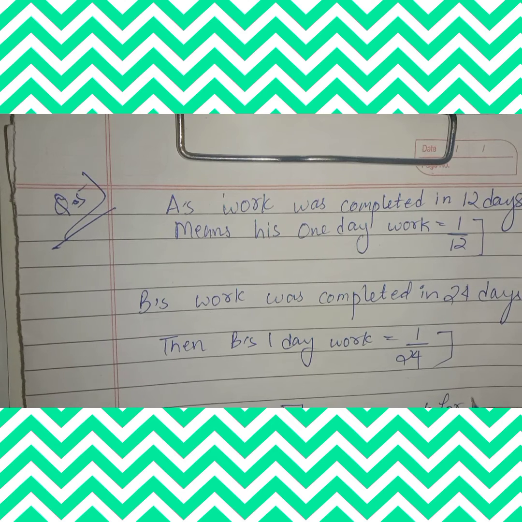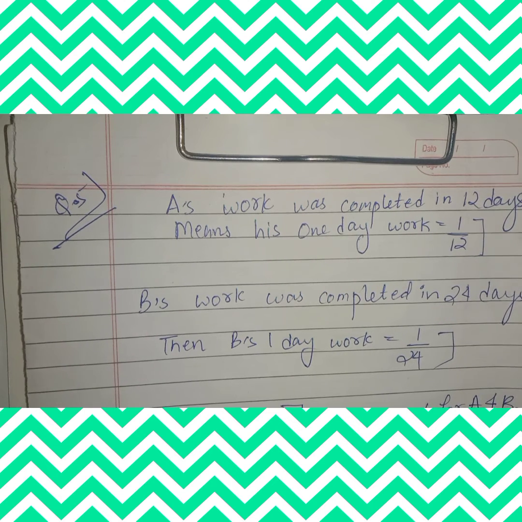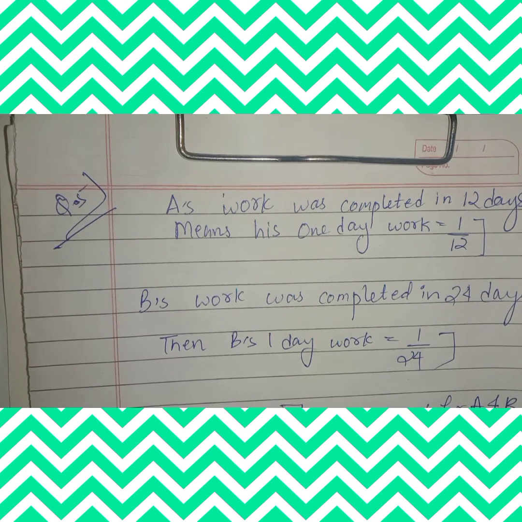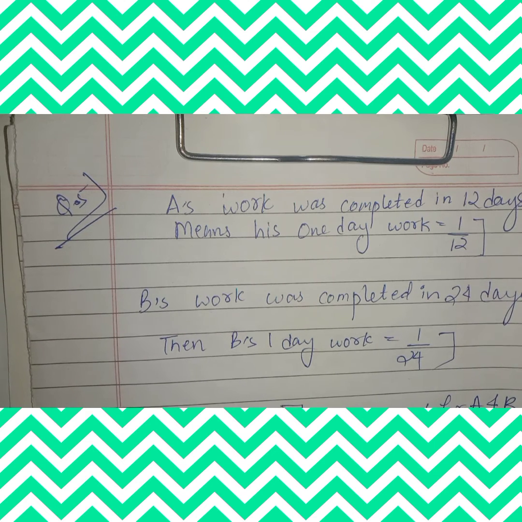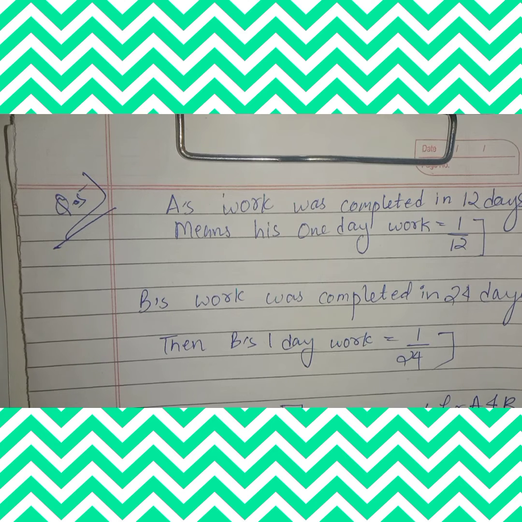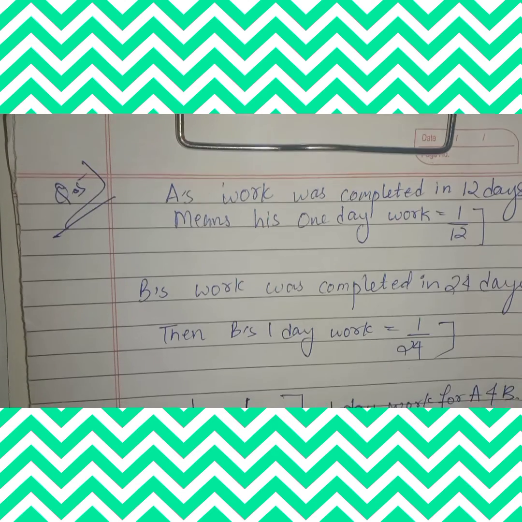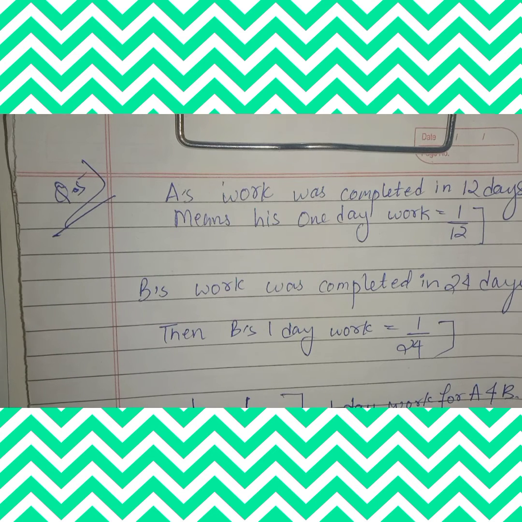Now we will take the LCM of 12 and 24, that will be 24. 2 plus 1 will be 3 upon 24. It will be 1 upon 8. This was the one day work for both persons.